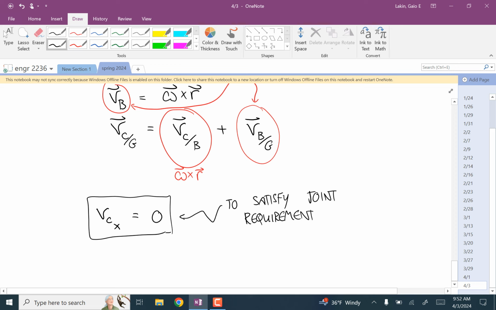And in this case, because those two things have the same length, the result we would get is that the angular velocity of body 2 is equal and opposite to the angular velocity of body 1.